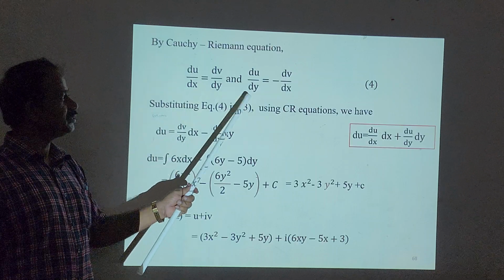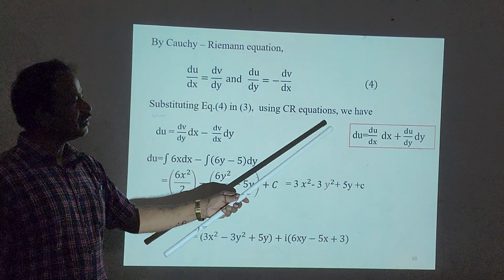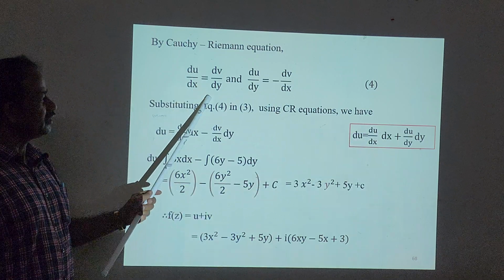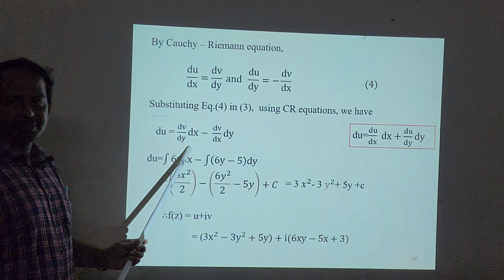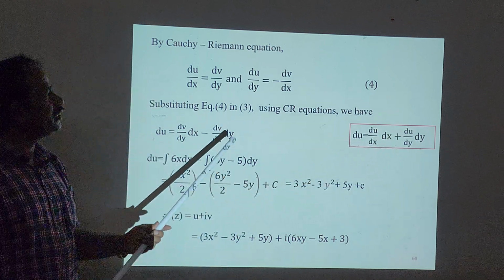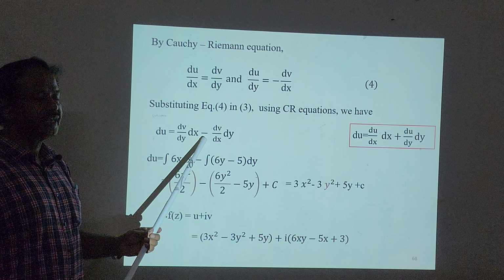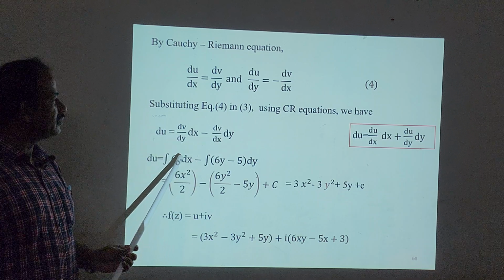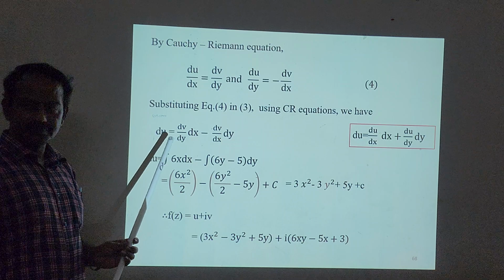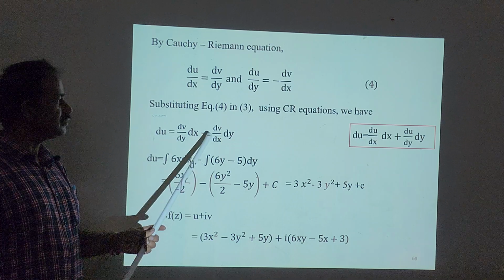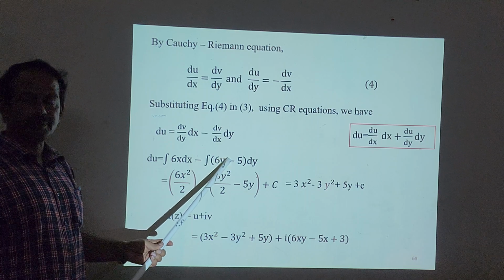We know the Cauchy-Riemann equations, and du by dx can be replaced by dv by dy. Similarly, your du by dy can be replaced by minus dv by dx. So we have replaced now. Now du is, dv by dy we have already found out. So it is nothing but 6x dx. And minus dv by dx is nothing but 6y minus 5.